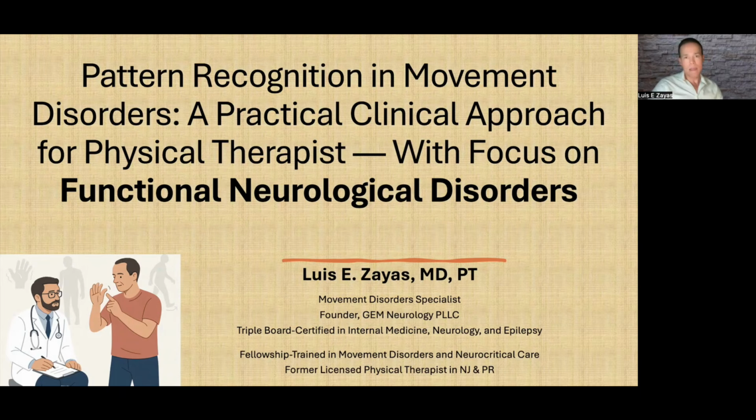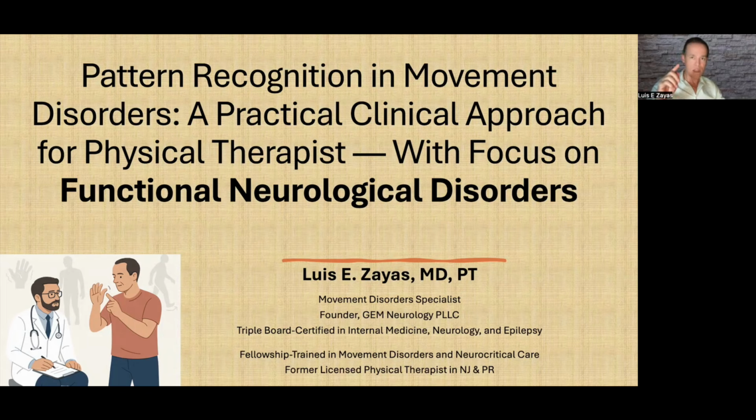So let me start saying that in movement disorder, the approach is different from general neurology. What do I mean with that? So in general neurology, you start asking yourself the following question. Number one, is this a neurological problem, which usually the answer is pretty easy, usually, but not always.